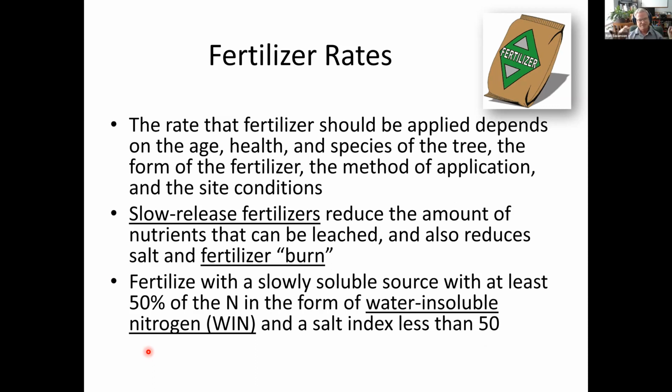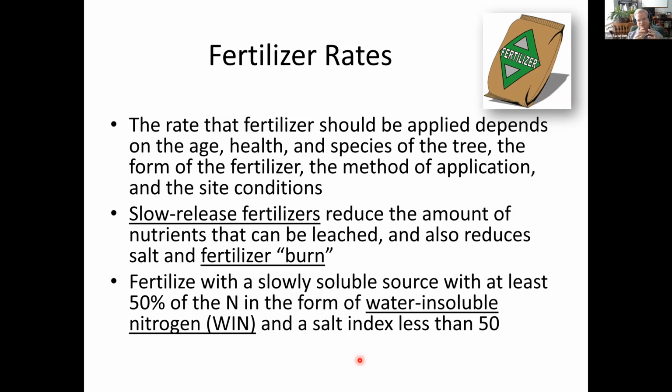In those ANSI standards, there is one about fertilization, and this is part of that standard. So you very likely will see a question like this on the test, especially this part about the salt index less than 50. What that index refers to is the accumulation of salts in the soil, application.